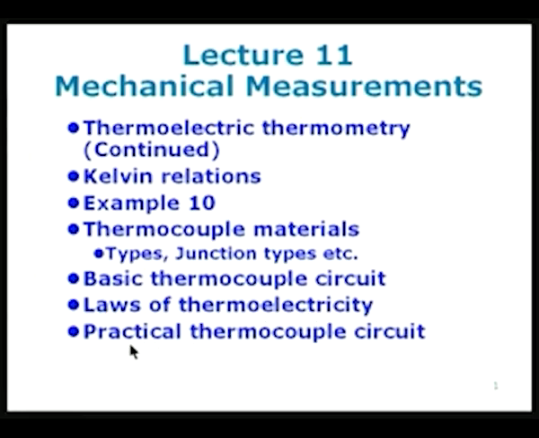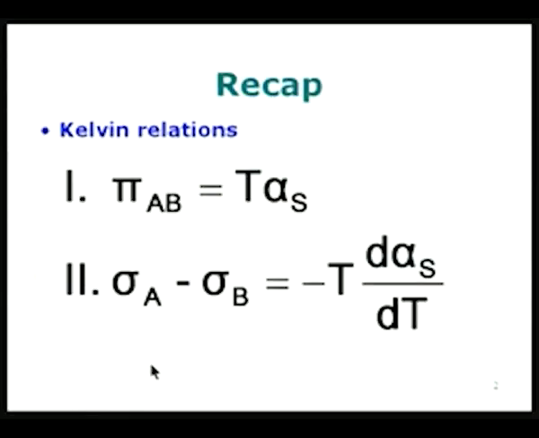Just to recapitulate, the Kelvin relations were derived in the last lecture, and I just want to write them down here. The first one is pi_AB, the Peltier coefficient, where AB is the pair of materials we have chosen, material A and material B, is equal to the absolute temperature T times the Seebeck coefficient alpha_S.